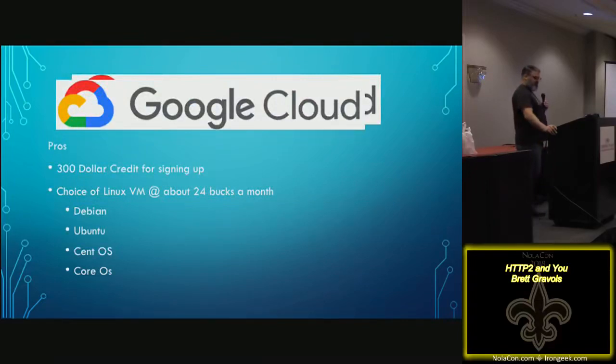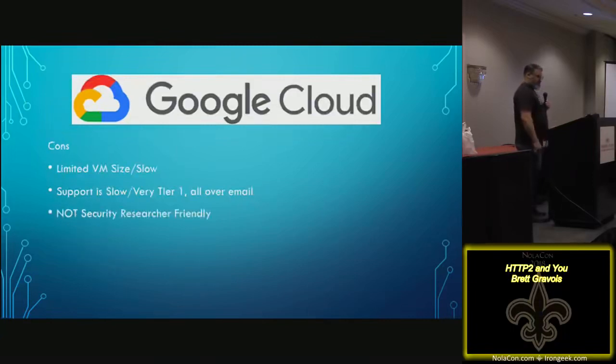You get your choice of Linux VM, and the Linux VMs generally cost about 24 bucks a month, but you're not paying for it, so who cares, right? The cons: you're limited on VM size, it's slow. Their support is really slow on the free tier, it takes several days. You get very low level support, and it's really not researcher friendly.